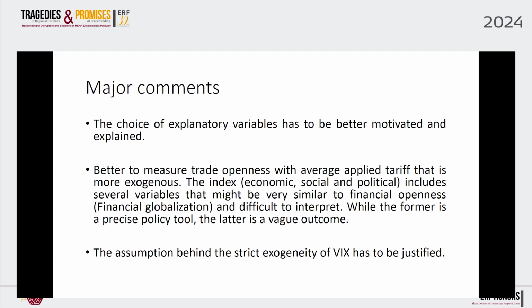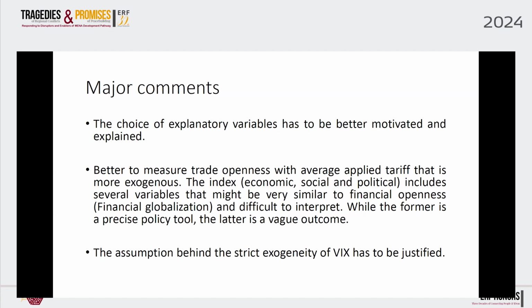Okay. In addition, you are also using an index of financial globalization, I think, if I'm not mistaken. The economic, social and political dimensions include several variables that are similar to financial globalization itself. So this was not clear, so if you want to say something? Yes, I would like to say something.